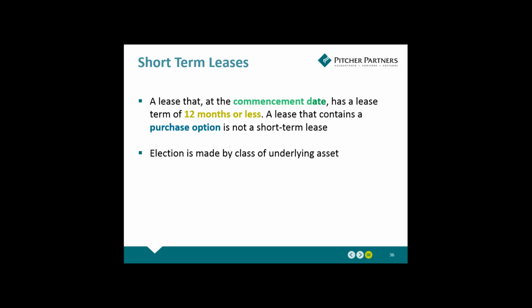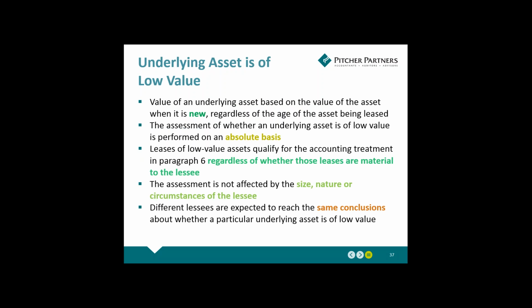So it's not on an asset by asset basis, but you do it for a class of assets. So short-term leases, 12 months or less, you don't have to capitalize and do the amortization table and the whole thing. So be careful if you've got a lease that is 12 months or less, but you also have this purchase option included in it, you can't use this practical expedient. So you have to meet the definition of a short-term lease.